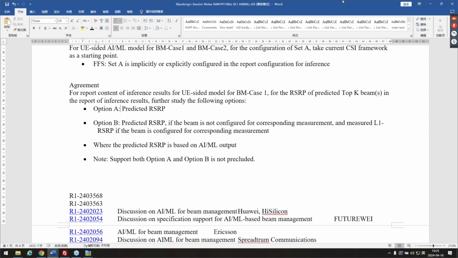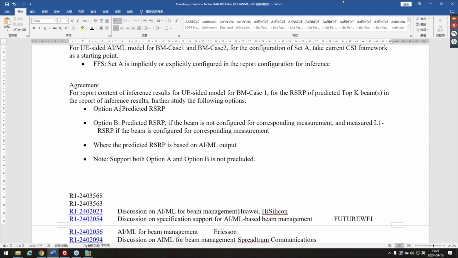We also have a comment on option B. We just want to clarify whether the UE reporting the predicted RSRP or measured RSRP is determined by the UE itself or should be specified. For the UE, at least for beam management, the RSRP should always be selected from the beams configured in the CMR.